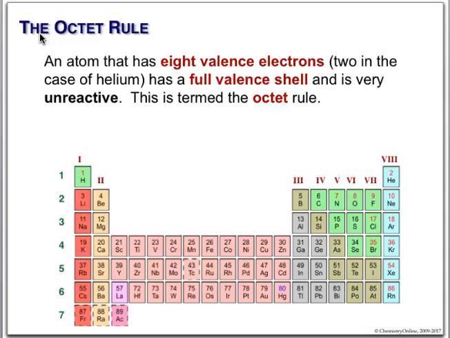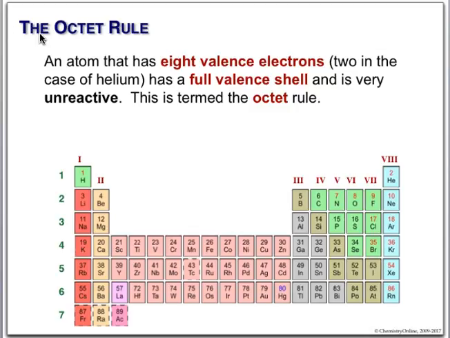This is called the octet rule. Elements in a compound will strive to get 8 valence electrons. They want to be just like these guys over here in group 8.